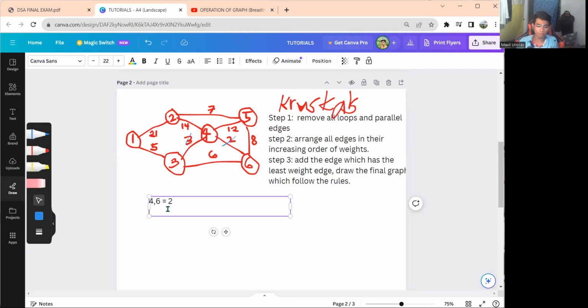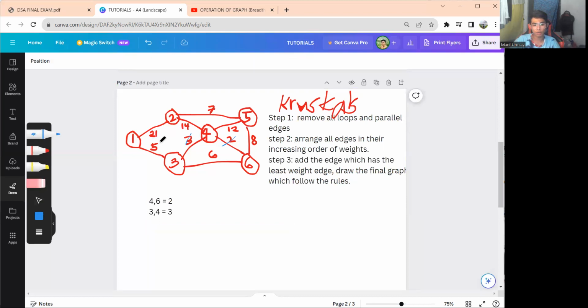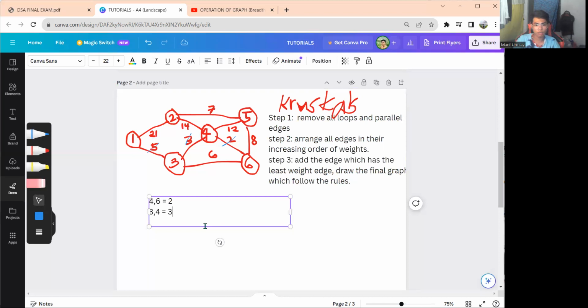Okay. 3 to 4 or vice versa, 3 connected to 4 or 4 connected to 3, that's fine since that is not a directed graph. That is undirected. And followed by the 3, which is the 5, which is 1 connected to 3. So follow the same thing, 1 to 3 equals 5.